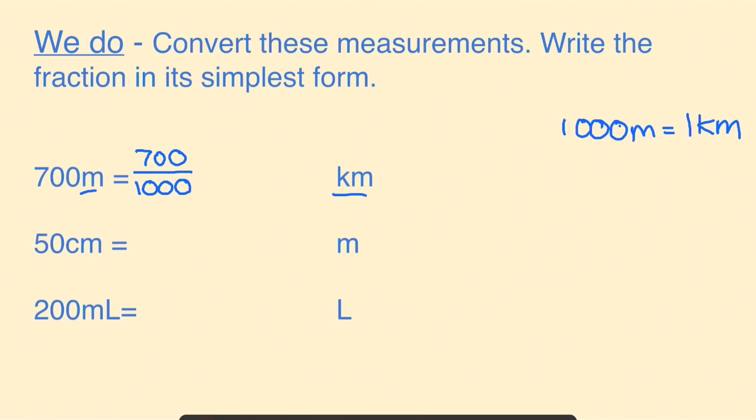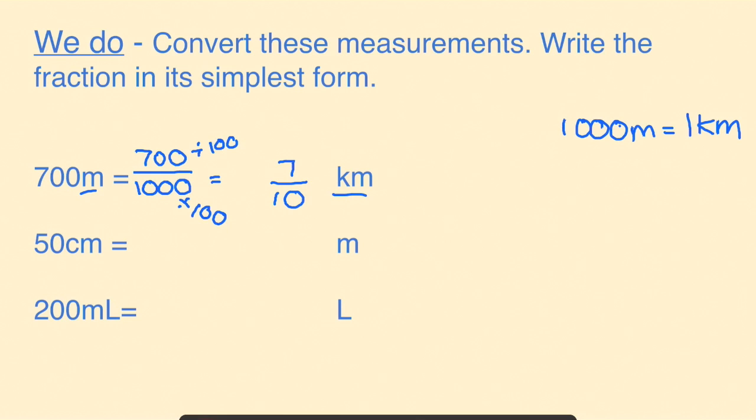So it's the same as saying 700 over 1,000. I can also simplify that down by dividing it by 100. If I make both of those 100 times smaller, I can represent it as 7 over 10. And we can better understand that 700 meters represents 7/10 of a kilometer.